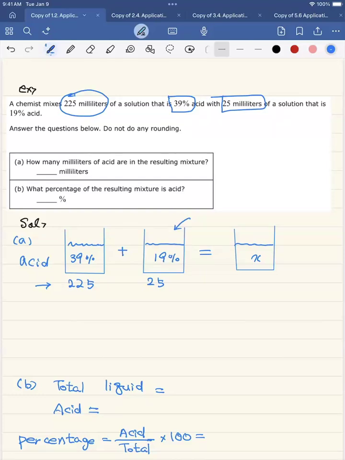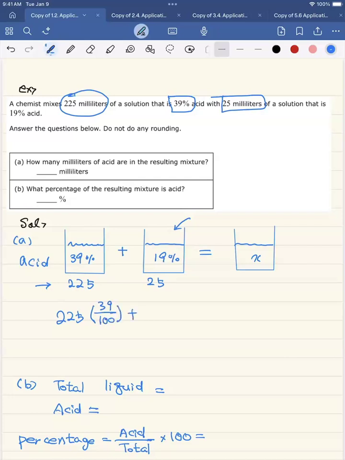In the first problem, what we want to calculate is the total acid amount in the mixture. So we have to calculate the acid amount in the first cup, which is 225 times 39 over 100.